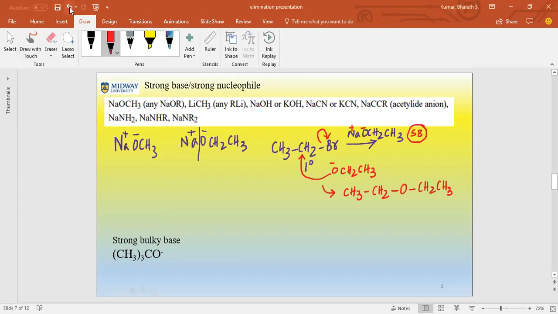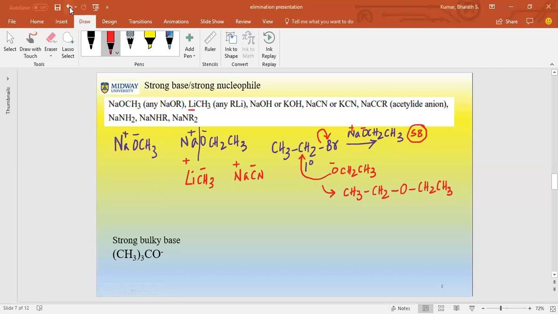Now, in all these cases, you just put a positive charge on the metal. If you're still wondering what metal I'm talking about, Li is a metal. So if I have LiCH3, Li is the plus, CH3 is minus. NaCN means the sodium is a plus, the CN is a minus.